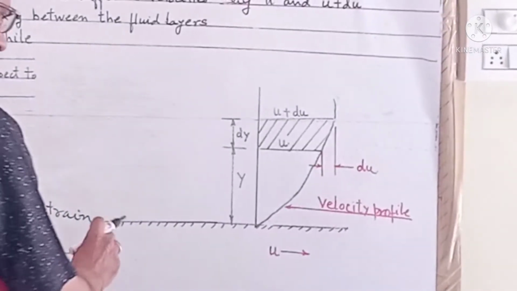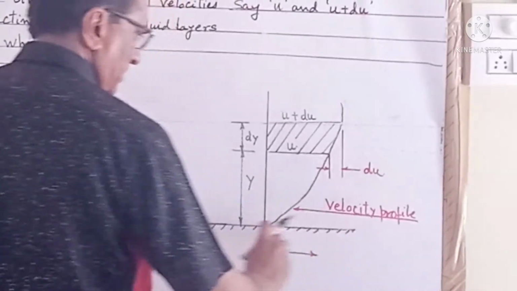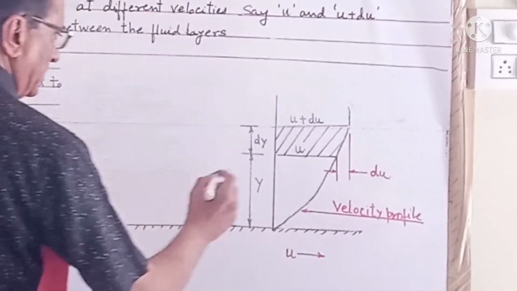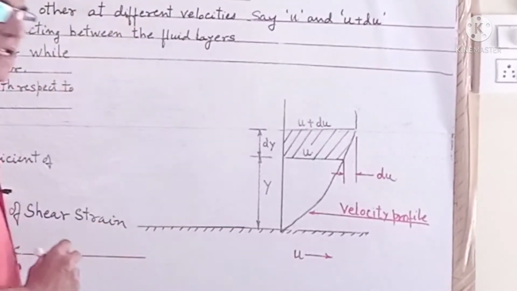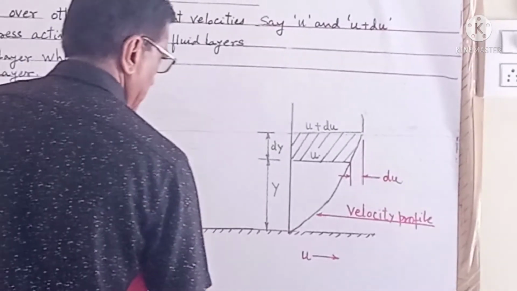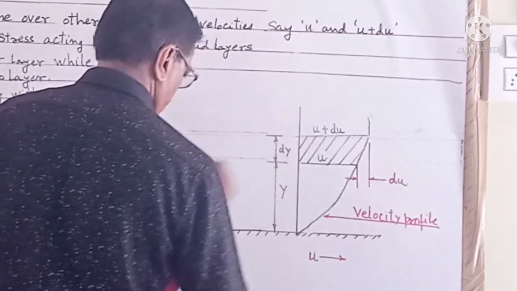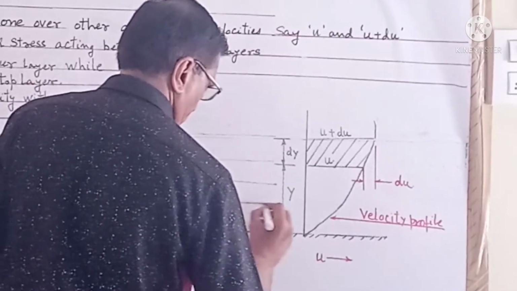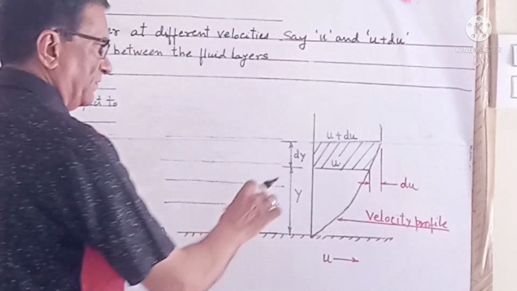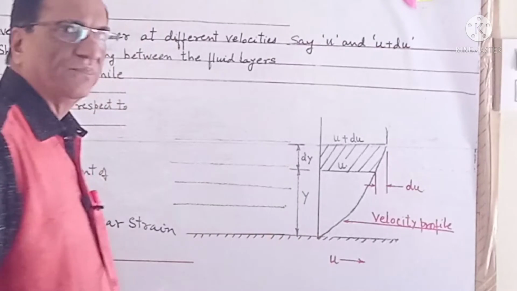Suppose fluid is flowing on this surface with velocity u in the form of layers, different layers. We will consider one layer at a distance y.